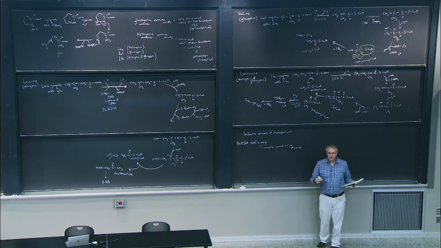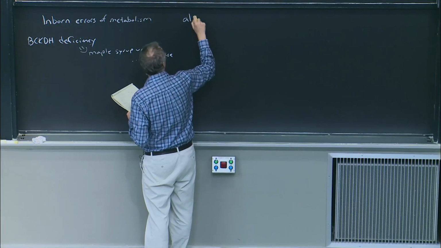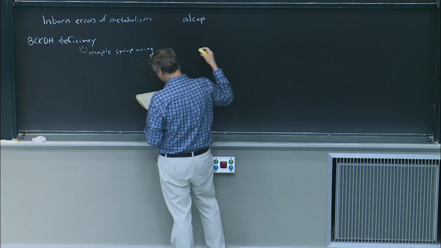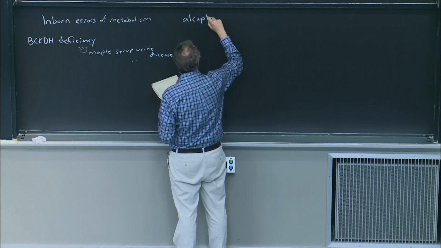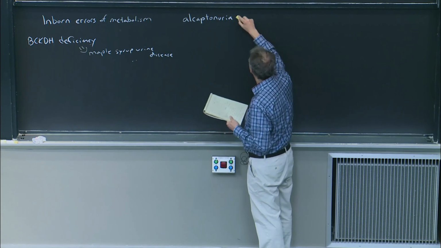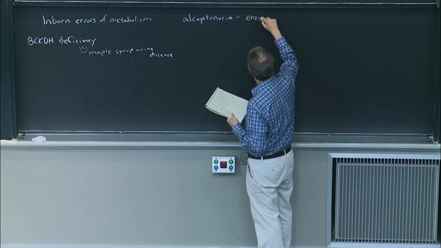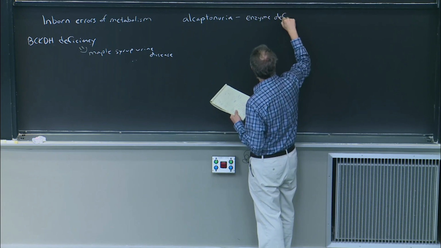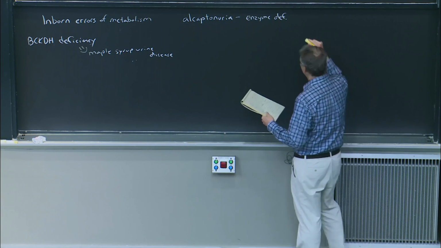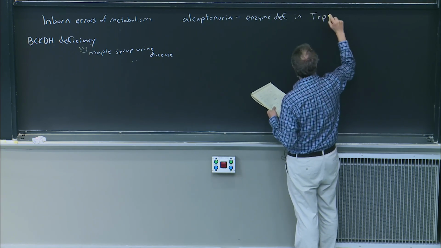And so 2 of the other more common, all of these are very rare, but relatively more common ones, is a disease called alkaptonuria. So what's alkaptonuria? Well, that's a missing enzyme, an enzyme deficiency in tryptophan metabolism.